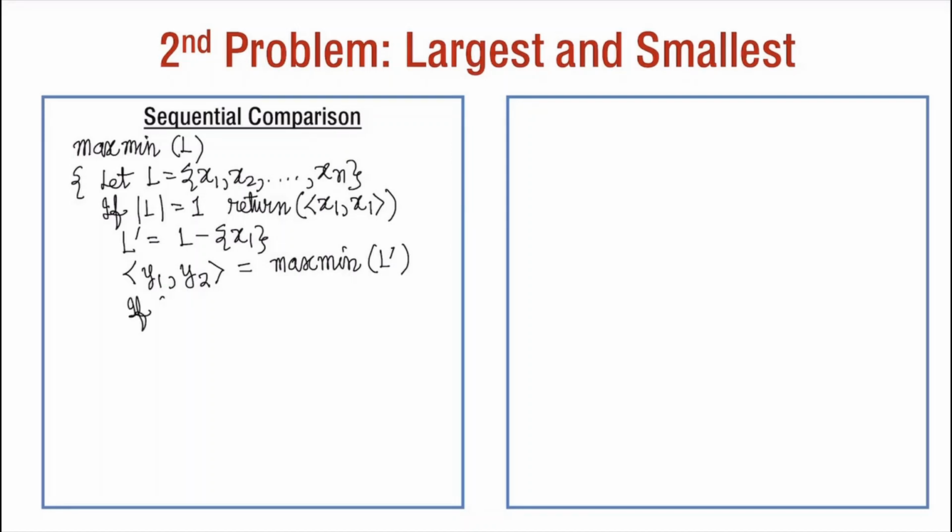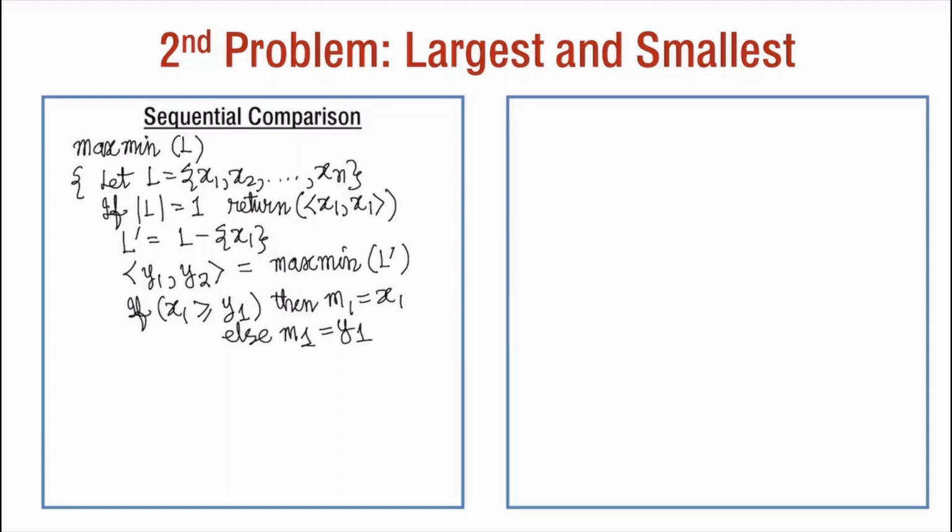So if x1 is greater than or equal to y1, then m1 is equal to x1, else m1 is equal to y1.